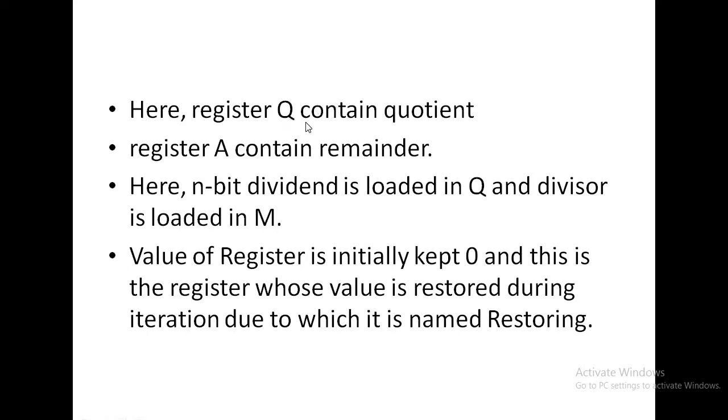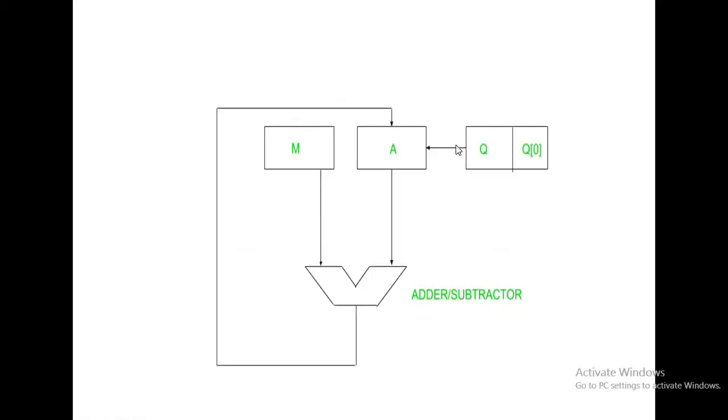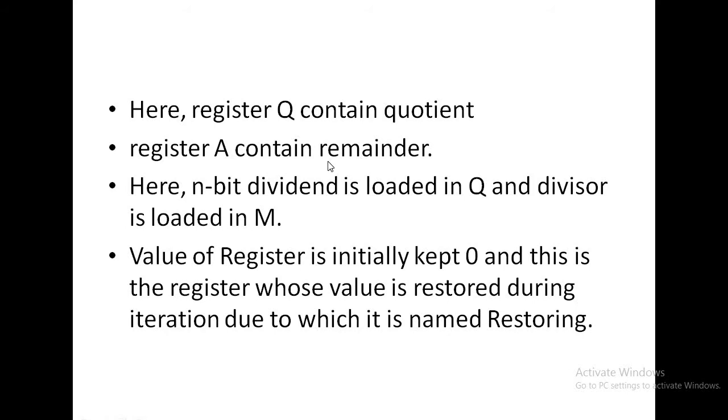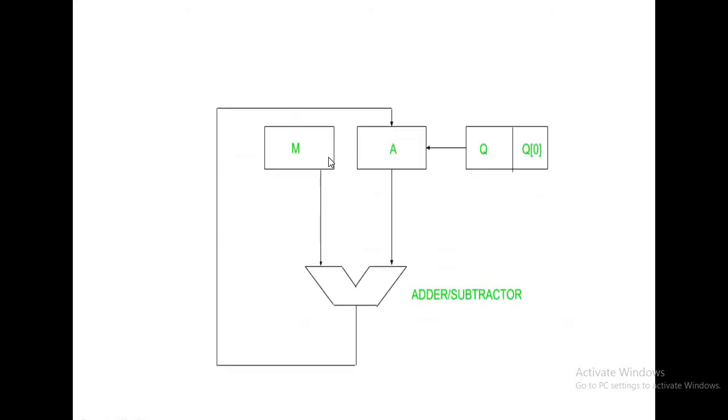Here register Q contains the quotient, and register A contains the remainder. The remainder value is stored in A, and the quotient value is stored in Q.